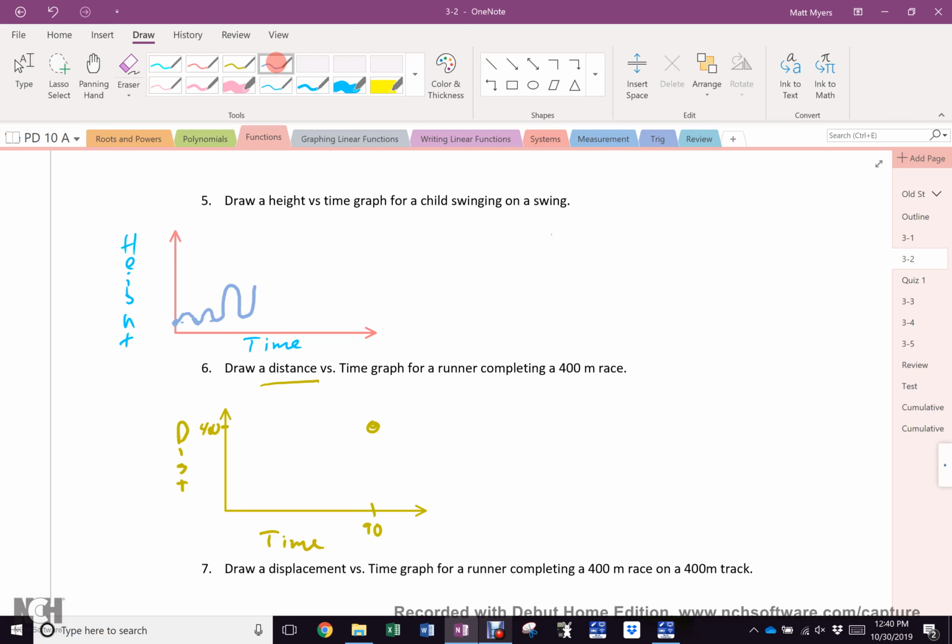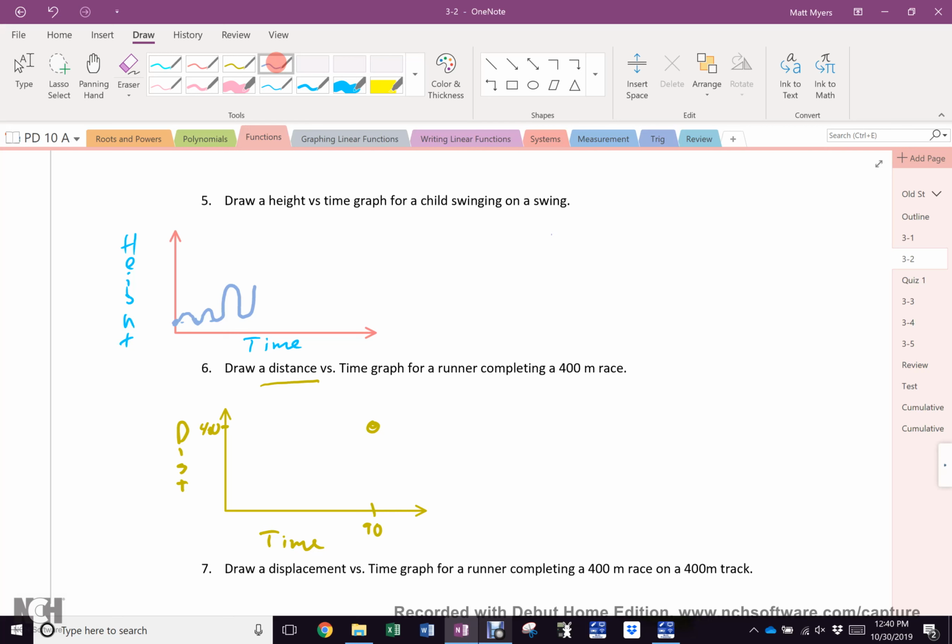Okay, Connor. There should also go higher than 400 because it takes time to stop. You could certainly make that argument as well. Yes, you could, if we were tracking the distance traveled by the runner. If we were only tracking them over the course of the race, it could still stop at 400. But excellent point. All right, so let's refine this. How will it start? Shallow or steep?